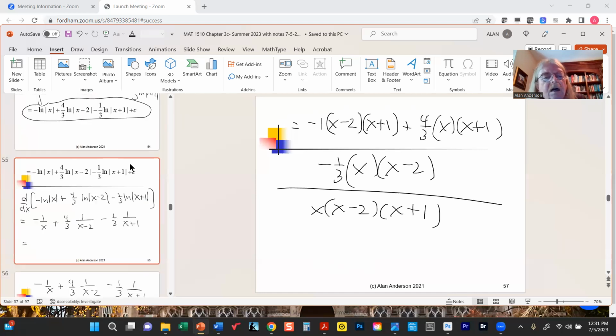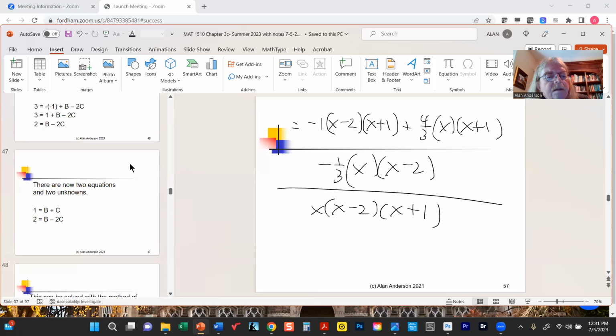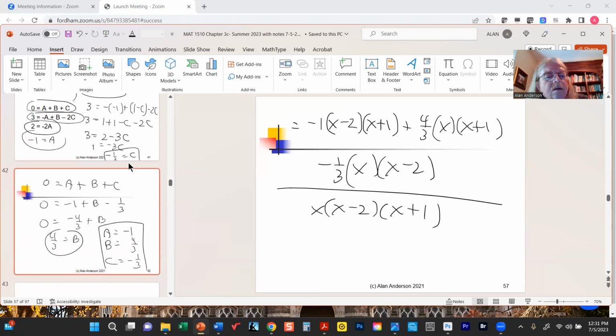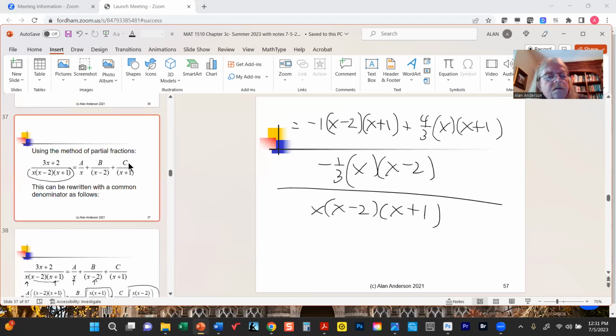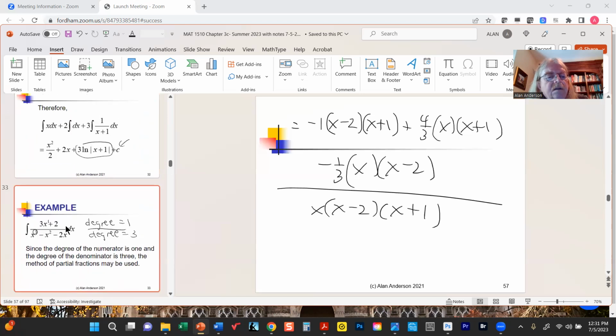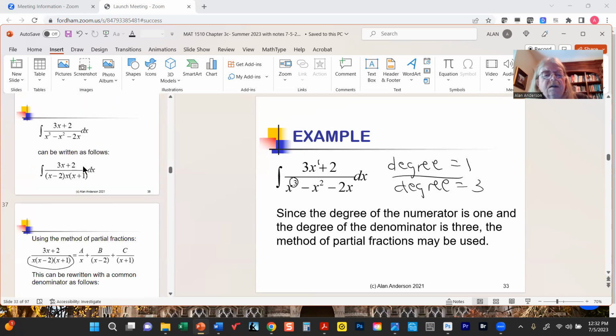Now, remember, in the original problem, what we had way back here. Yeah, so in other words, 3x plus 2 is in the numerator. The denominator is x cubed minus x squared minus 2x.